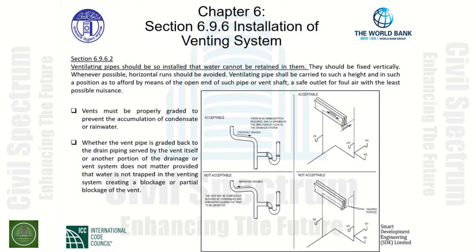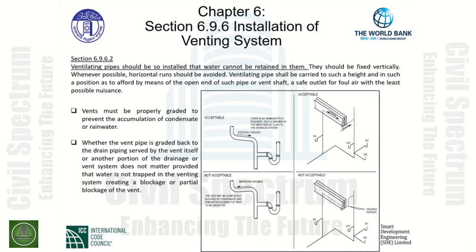As you can see, the fixture vent that we call the individual vent rising above is properly rising vertically. However, on the horizontal run, it is improperly graded downward, not in the direction of drainage. This could cause a low portion in the piping to be completely filled with condensate or rainwater, thus causing the blockage and providing a barrier for air to properly enter the system.